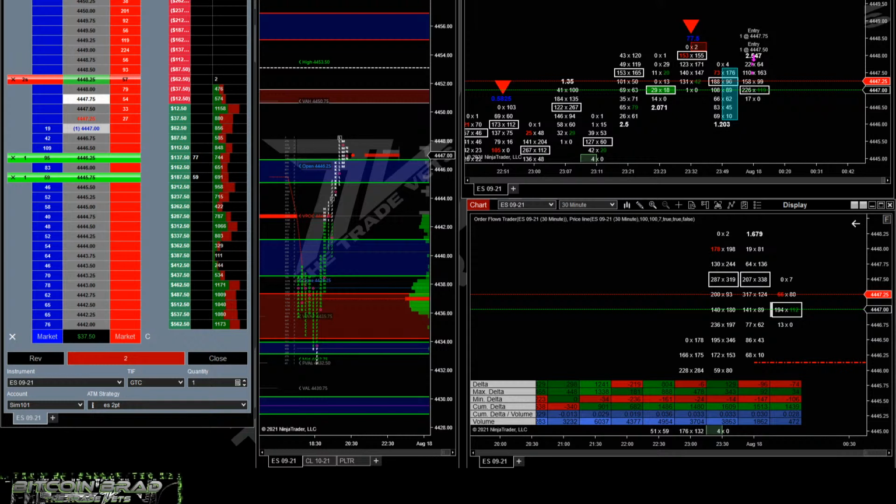Once I said delta is negative, but still price moves up, and you said that does not matter. Delta is negative or not. Right, exactly. It doesn't matter, because delta can be negative and price can still continue to move up. And that's what I'm saying. So if we're seeing negative delta, price should move down. And if it doesn't, then that lets us know that there's a buyer sitting down here that's buying this all up.